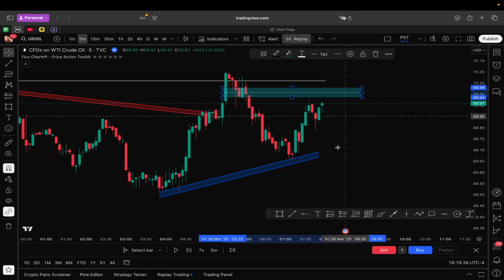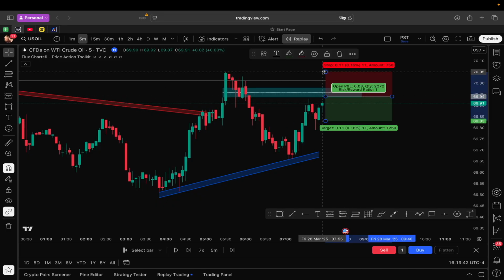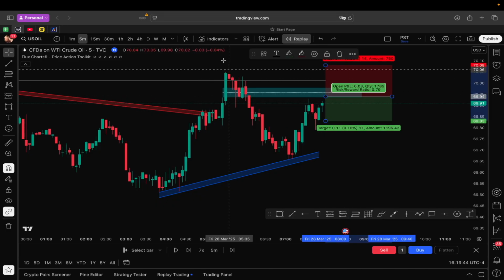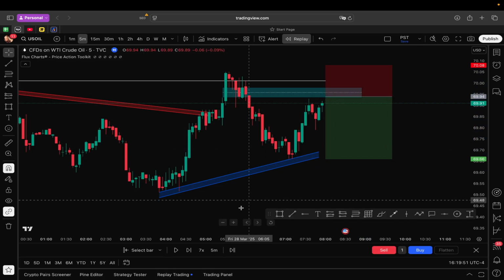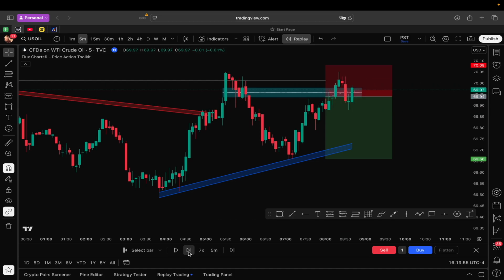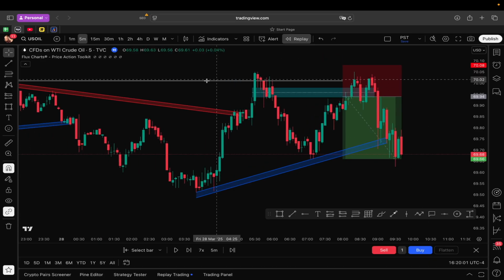If you want to be a little bit more conservative, you can wait for the retest and you can put your stops above this high, and then you can target a 1 or 2 risk to reward trade. So let's see how this plays out. Enter the trade, and we have our TP, so that's trade number 1.